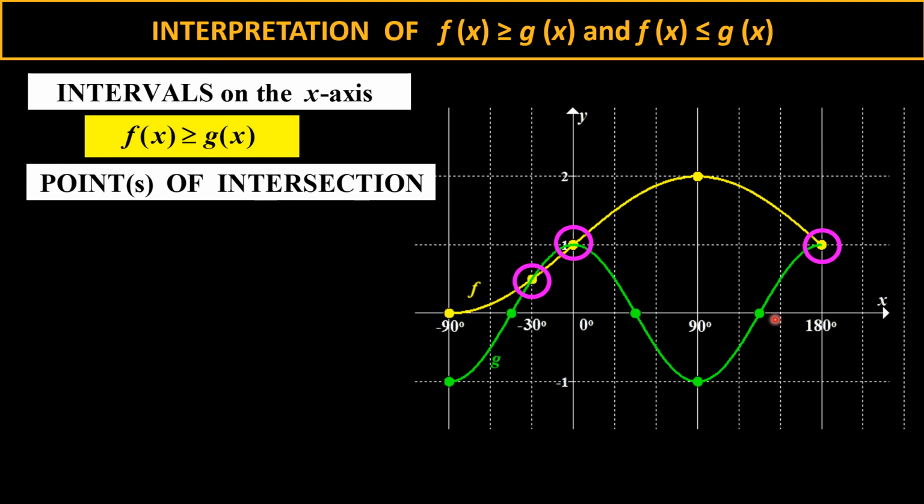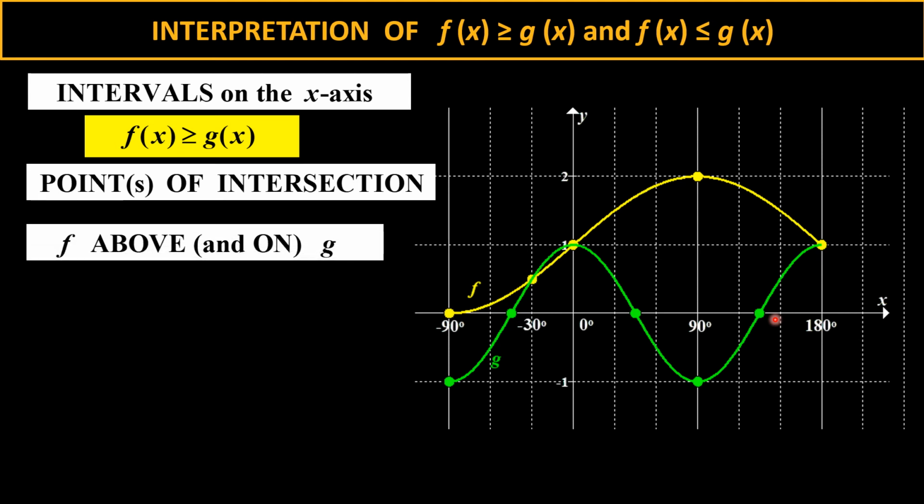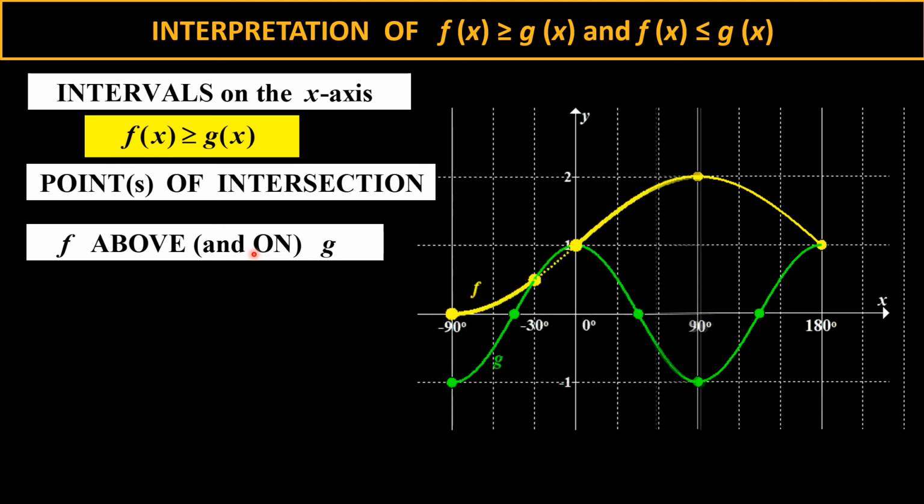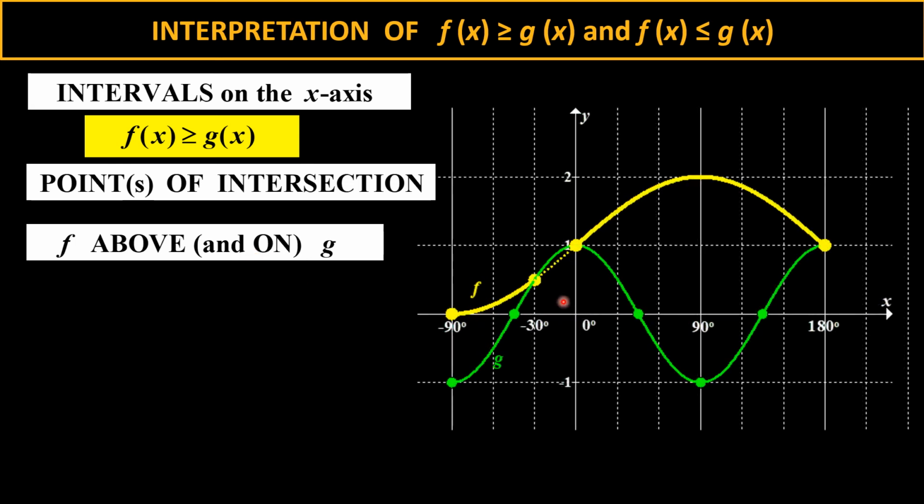But what does f(x) greater or equal to g(x) mean? What do I have to look for here? It means f(x) must be greater, to be above, and the equal means it can also be on, where it intersects as well. Where is it above and where does it intersect? Just to help you, let's highlight by making this a little bit bolder.